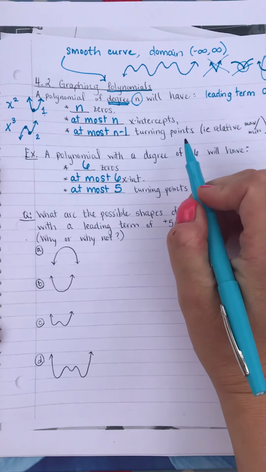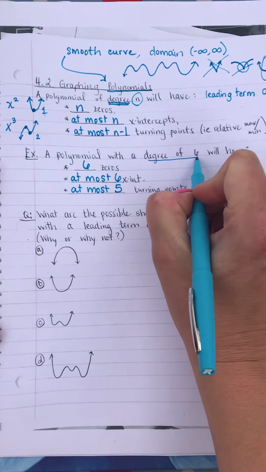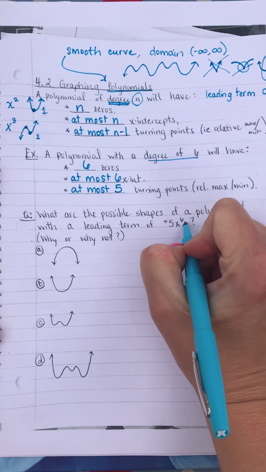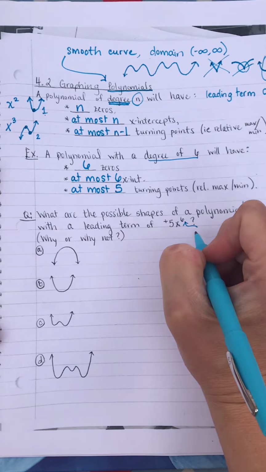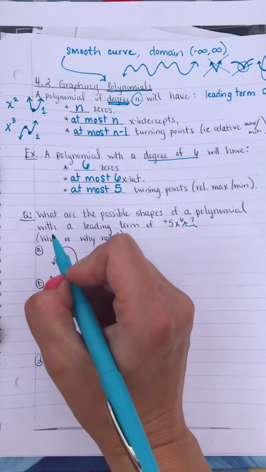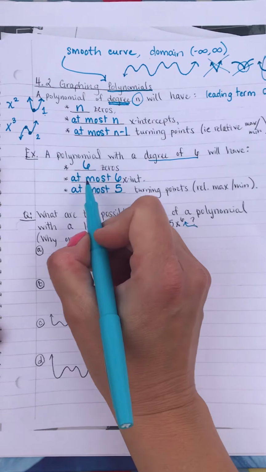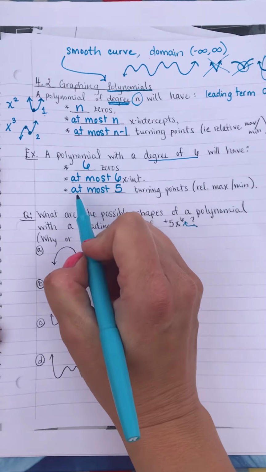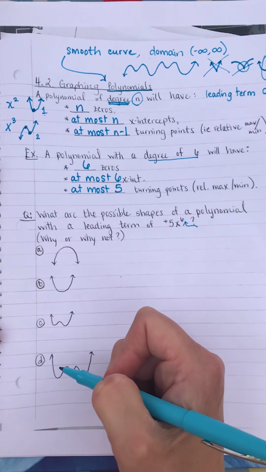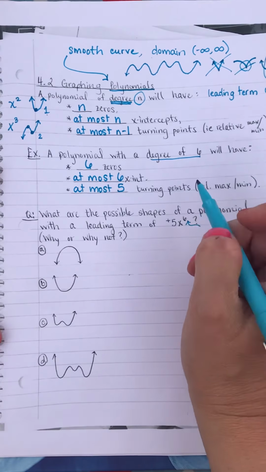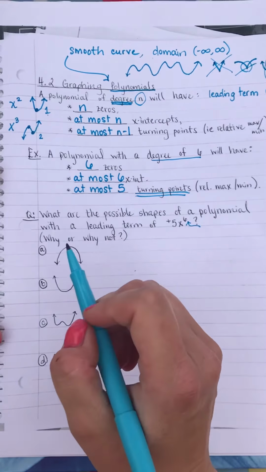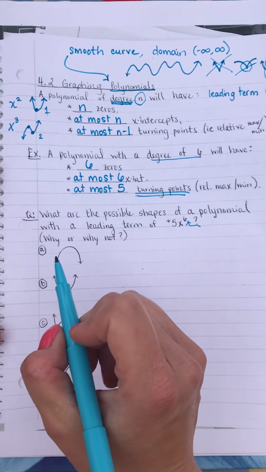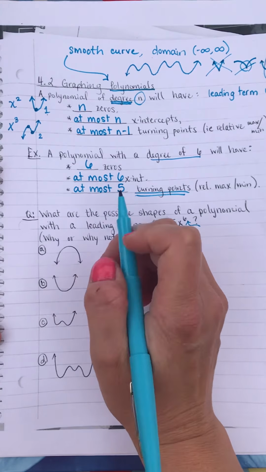Okay, so we just did one with the degree of 6, and now we're looking at one with the degree of 6. So all of these things still apply. It has 6 zeros, at most 6 x-intercepts, and at most 5 turning points. So in this question, we are going to look at the number of turning points using the fact that it has at most 5 turning points.